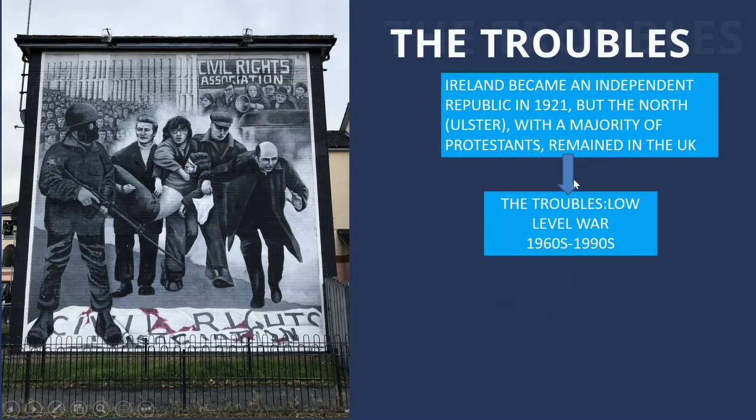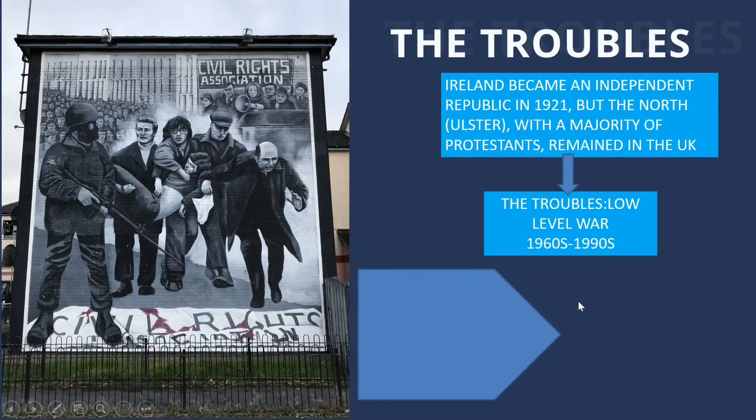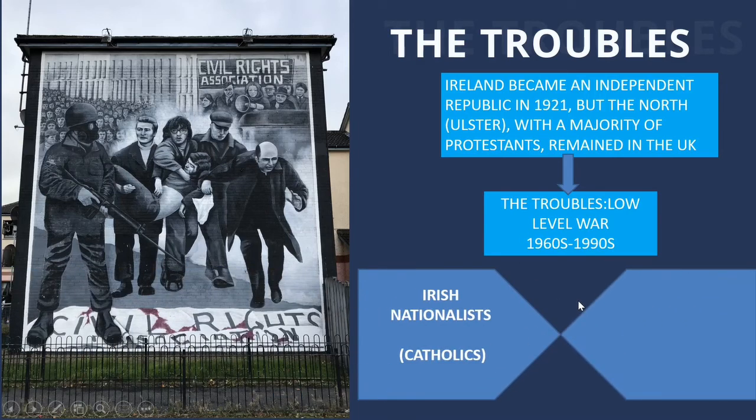Now, this war, known as the Troubles, was fought between Irish nationalists who were Catholics and Unionists who were Protestants. So the Irish nationalists wanted this area to be part of the Irish Republic. The Unionists instead wanted it to remain in the UK.